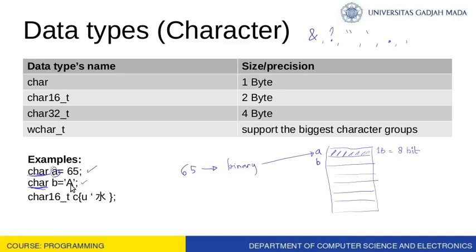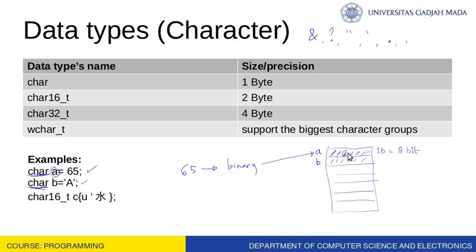A in our computer will be recognized as the number 65. So between the two variables, they have the same number.